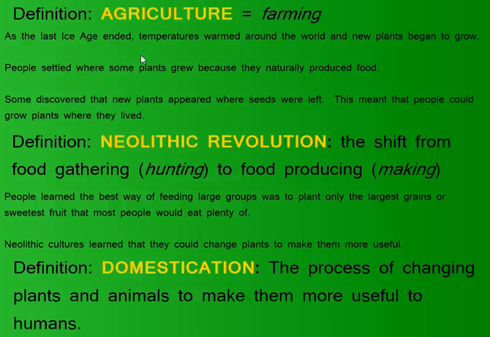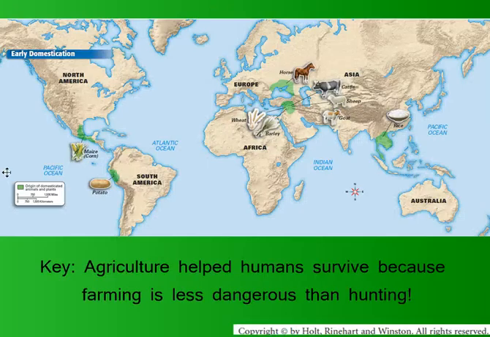People learned that the best way to feed a lot of people was to plant only large grains or sweet fruit so that people would eat more. They could change plants to make them more useful. This is domestication. It's the process of changing plants and animals to make them more useful to humans. Take a look at a map of domestication around the Neolithic era.